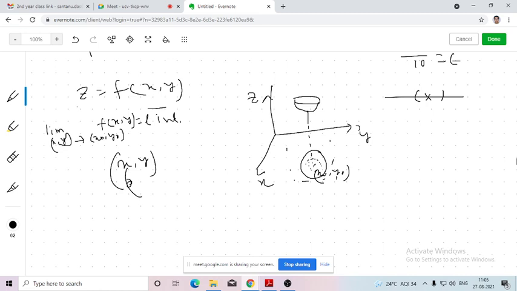There are infinite directions. We can move any way, sir. Sorry, your voice is not audible. Your voice is cracking. Sir, infinite directions, sir. Okay, because from this point I can approach like that, from this point I can approach like that, from this point I can approach like that.